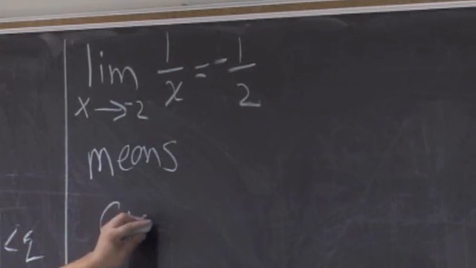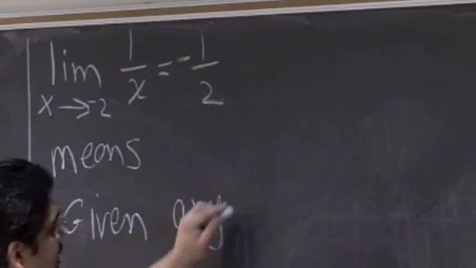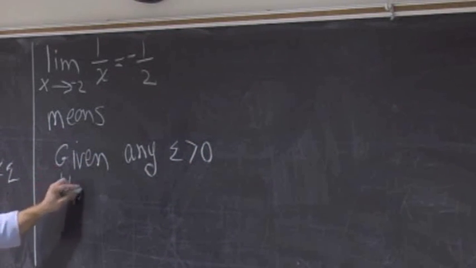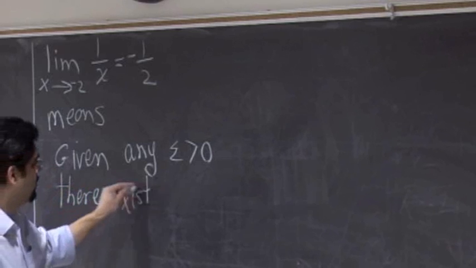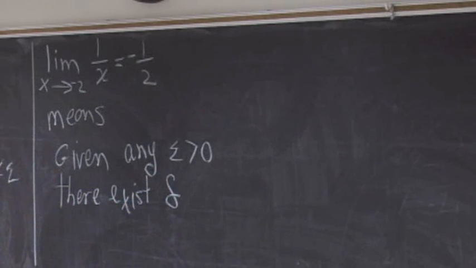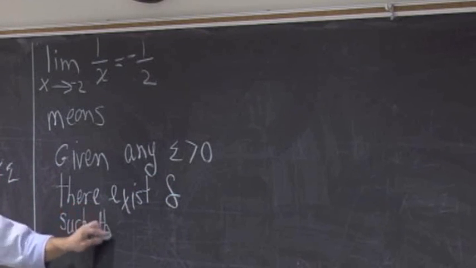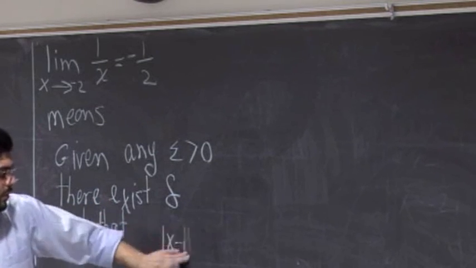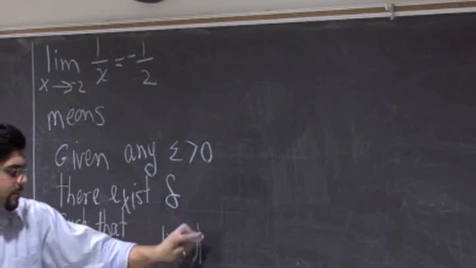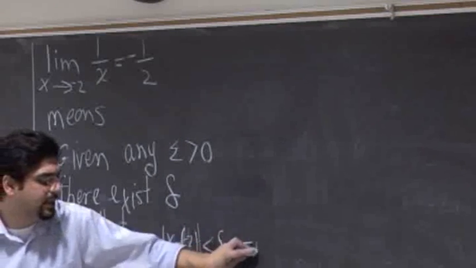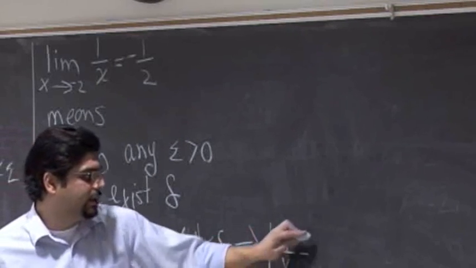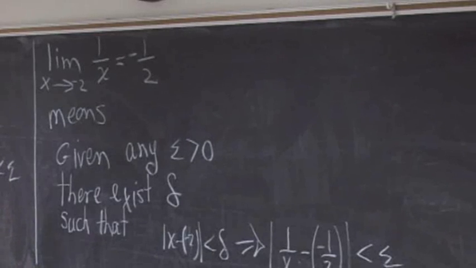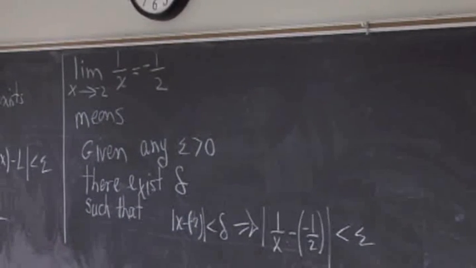Means, given any epsilon greater than 0, there exists the number delta, such that if x is close to -2, then that leads to 1 over x being close to -1/2, epsilon close. That's just writing the definition for this limit.